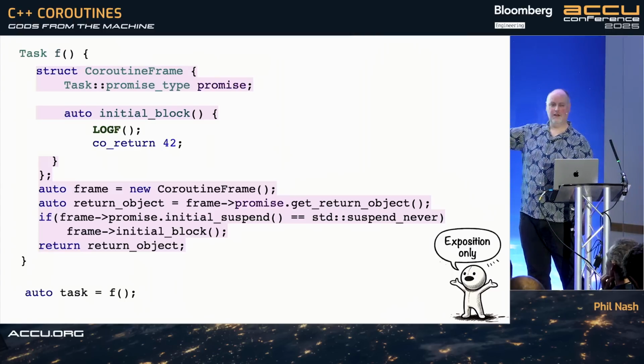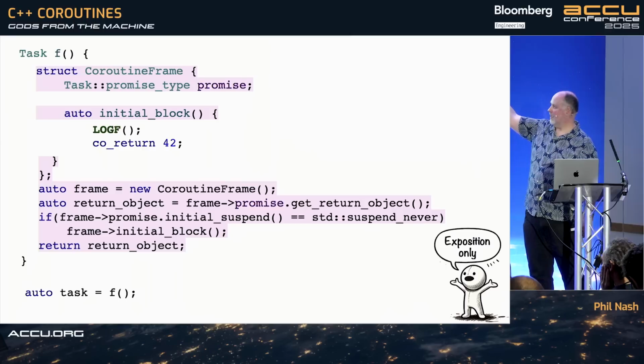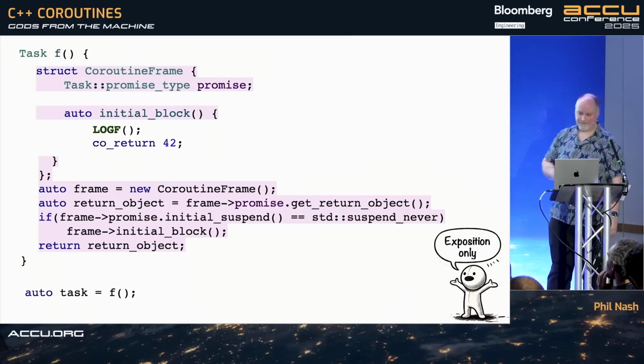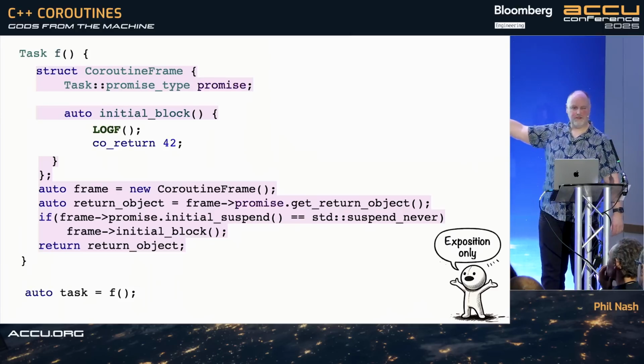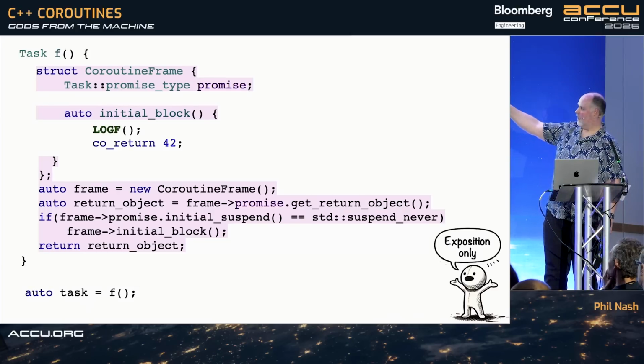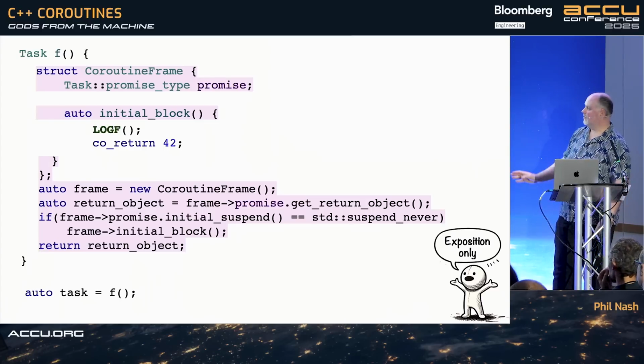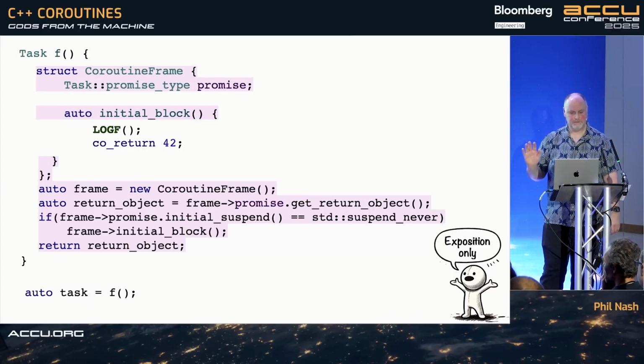And if not, we'll call our initial block here. Otherwise, we can get called later. And there's also stuff to do with if an exception is thrown at this point, that's going to call unhandled exception, things like that. There's more to it, but this may help to understand how these things work together, but you don't actually need to internalize this, don't worry.